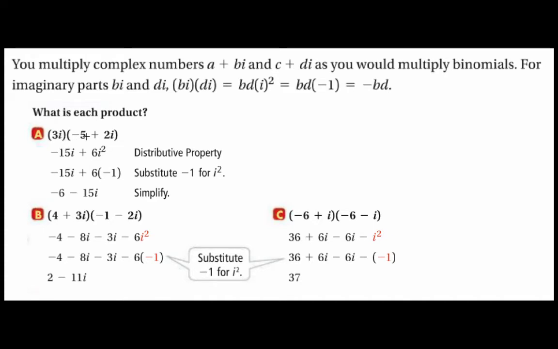We have a number times a sum in parentheses here. So we distribute: 3i times negative 5, we get negative 15i. 3i times 2i is 6i squared. So negative 15i plus 6 times negative 1. Replace i squared with negative 1 because that's its value. And we get negative 6 minus 15i.